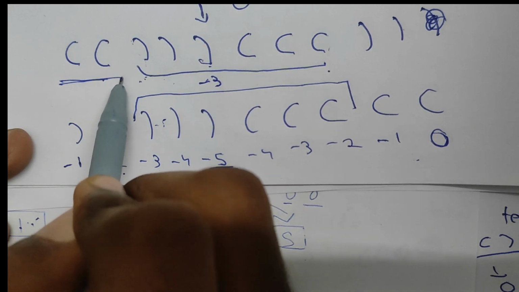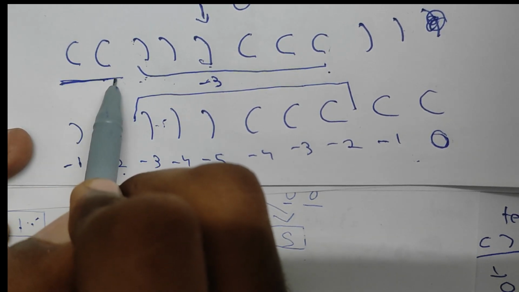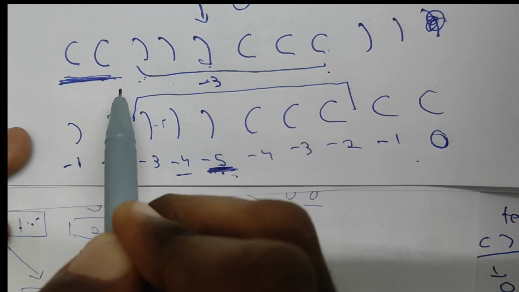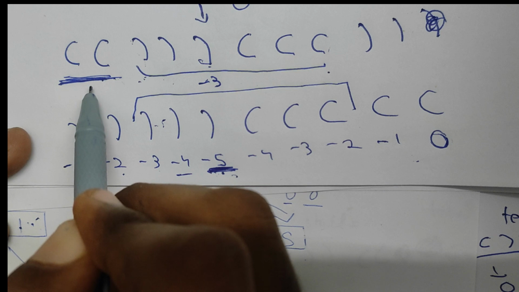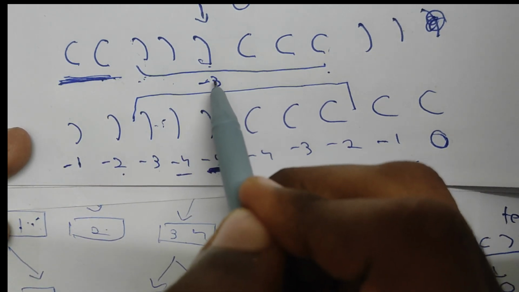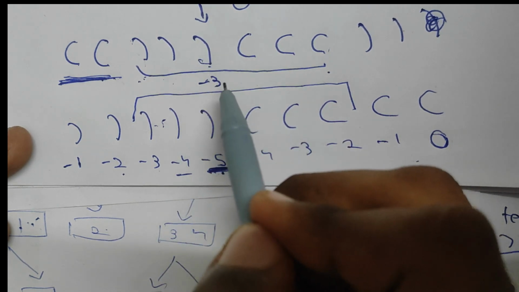Now we will compute the prefix sum, not the reverse prefix sum, the original prefix sum, till the starting of the original string. Why are we doing this? Because when we reach here, the value will not be entirely minus 3, right?